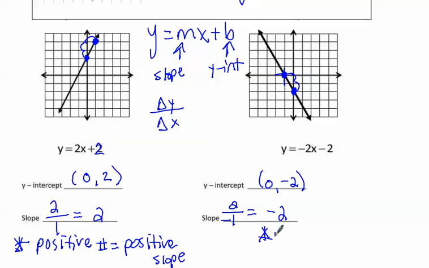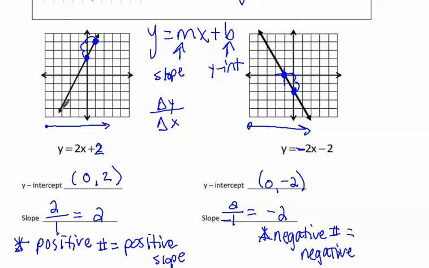So remember, a negative number is going to equal a negative slope. You can tell it's a negative slope or a positive slope by reading the graph from left to right. So left to right, this graph is going down, so this is going to be a negative slope. This one from left to right is going up, so this is a positive slope.